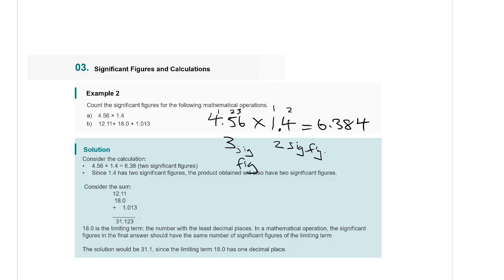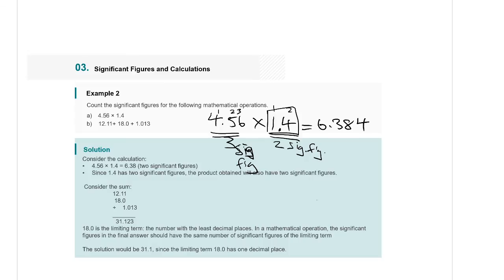However, again, we have two different measurements, and they have two different amounts of information. When you combine something with a lot more information with another one with less information, your result should have less information, because it's limited by the measurement that had the least amount of information.